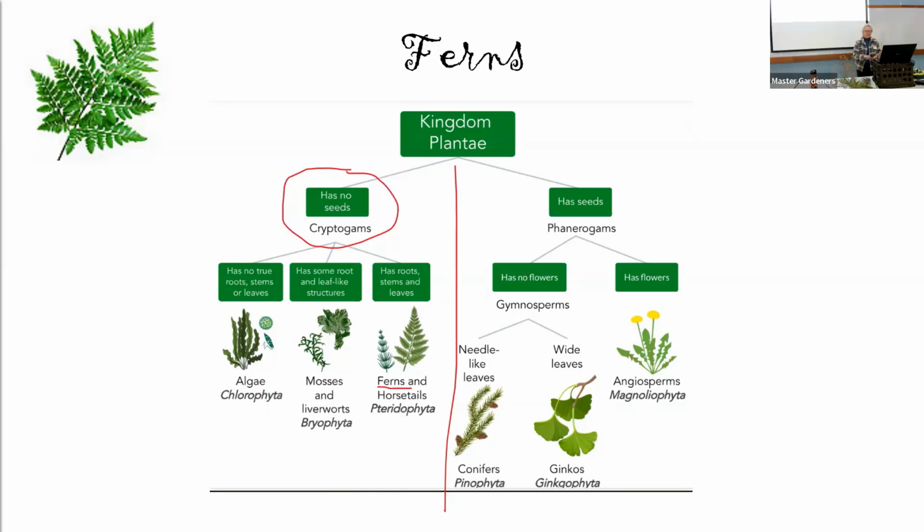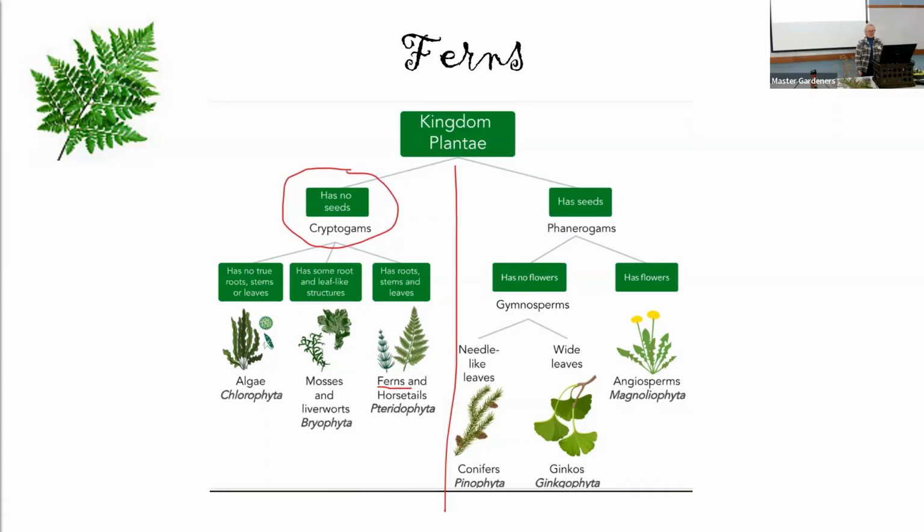They have roots and stems and leaves, but they don't have seeds to reproduce. So you guys probably know, how do ferns reproduce? Anybody? Spores, right? Or a fancy word, sporangium. In order to reproduce, those spores rely heavily on water or wet areas, which we are truly blessed with in this portion of the world, right?